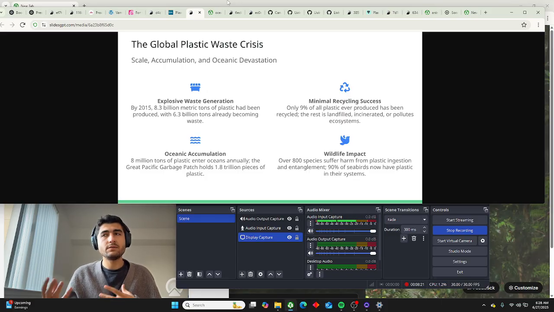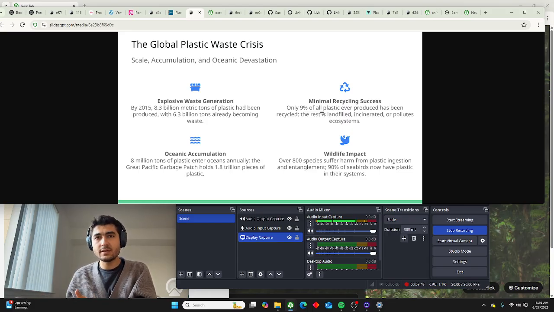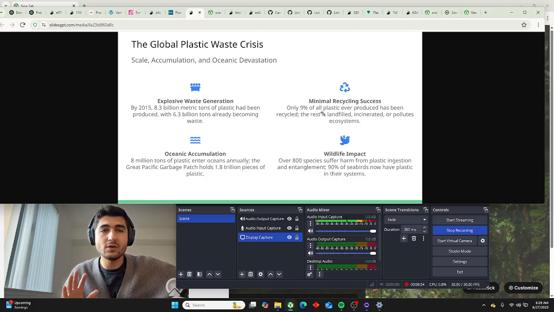Marine life suffers deeply, and only 9% of all plastic ever produced has been recycled. And this doesn't mean that once you recycle, everything is nice, because these things can stay in nature for thousands of years. Even if you recycle once and then throw it into nature again, it will stay maybe 300,000 years, up to, we don't know yet fully.